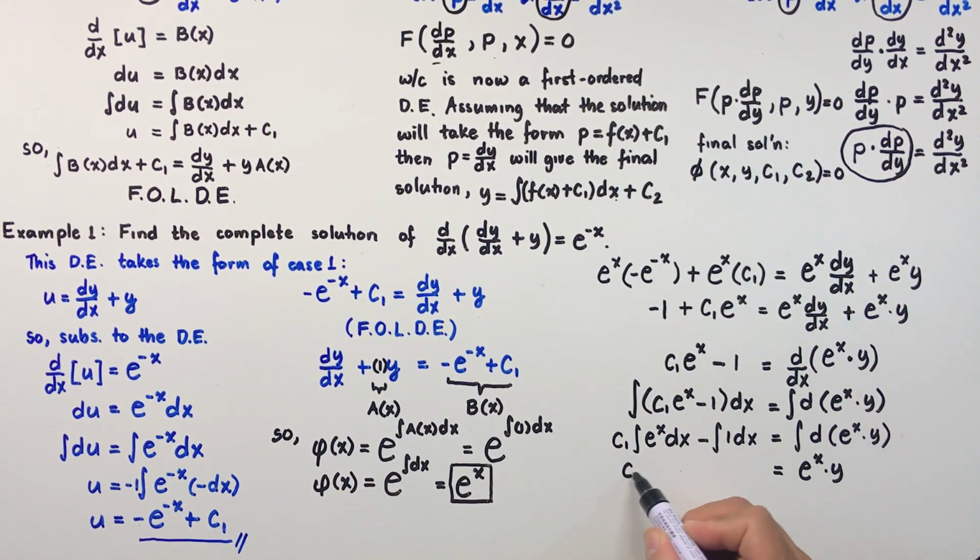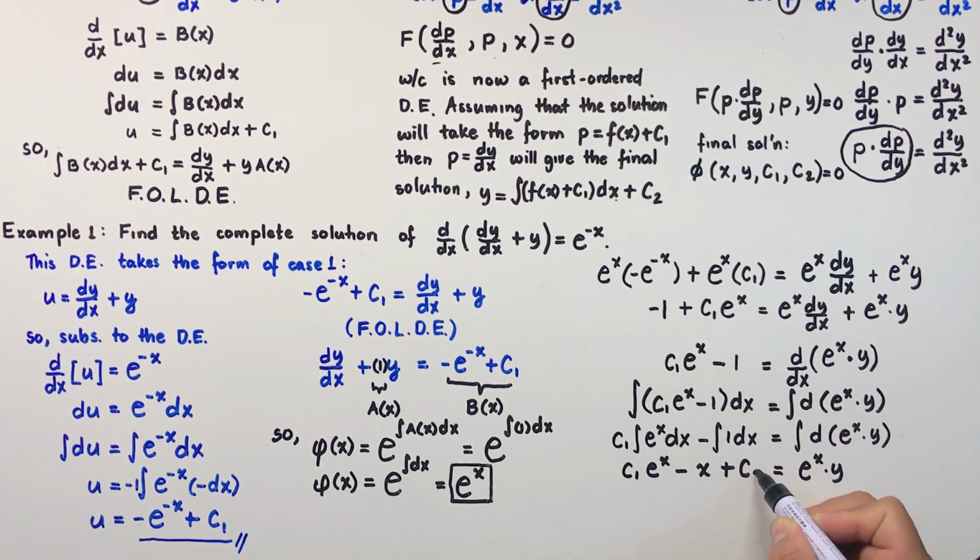And this is c sub 1 times e to the x minus x plus the constant of integration c sub 2. So that you will not be confused by these two arbitrary constants, we can rewrite this c sub 1 as a. So a times e to the x minus x plus b, which is equal to e to the x times y here.